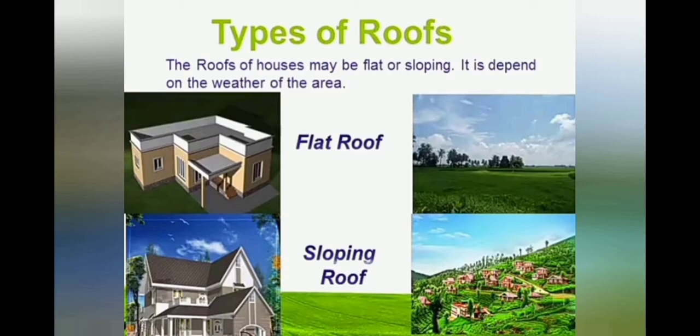So there are two kinds of roof here, flat roof and sloping roof. People who live on mountains make houses with sloping roofs, so that the snow can easily fall off the roof. People who live in places where it rains a lot make houses on stilts with sloping roofs.